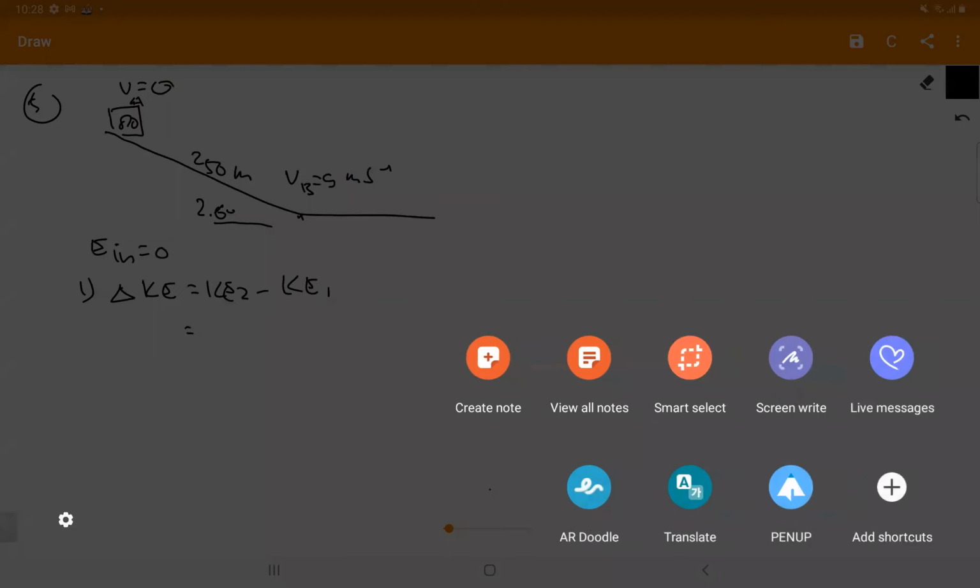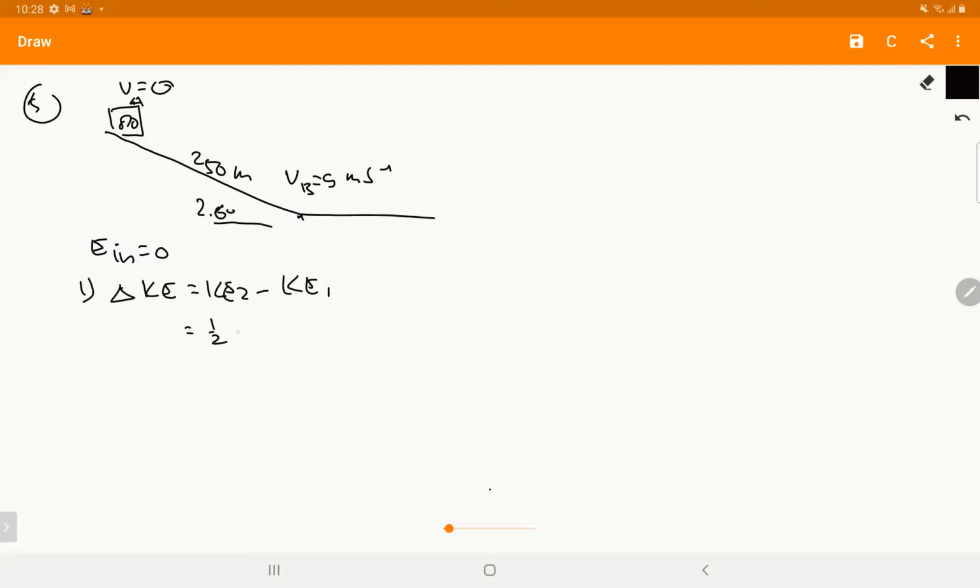It's going to be half times mass times the velocity squared, minus half times mass times 0 squared, which is 0. Okay, next is going to be Geraldo, I think. Geraldo, are you there? 3,240. Yeah. Okay, good.